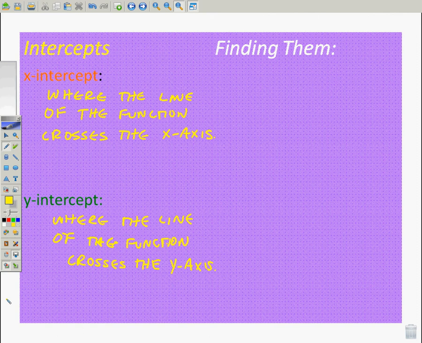So to find them in this column over here, how do we find that? Well, when it's touching the x-axis, here's the x-axis. If a function is touching the x-axis, what does x equal? What does y equal? That's what we're asking. And so right here, y equals 0.